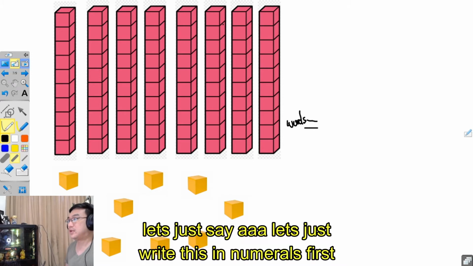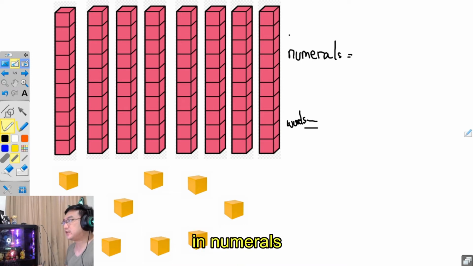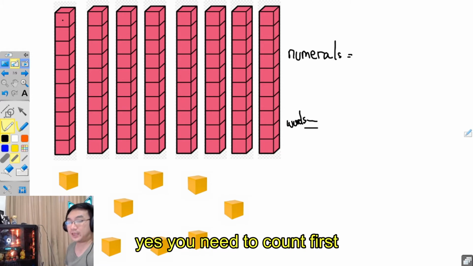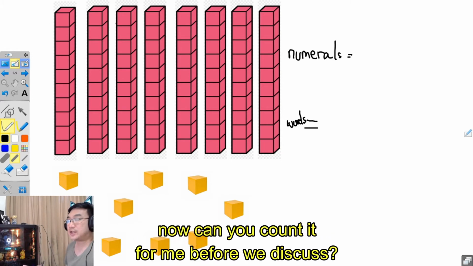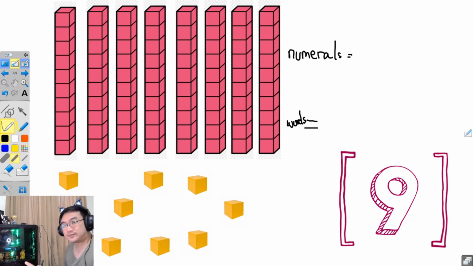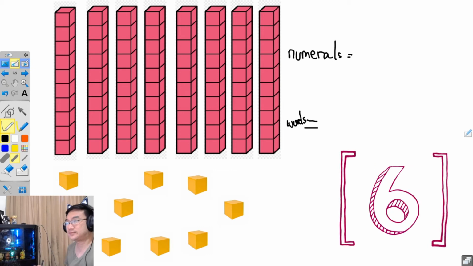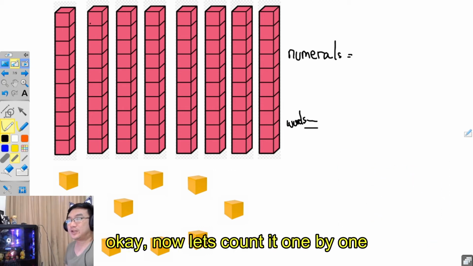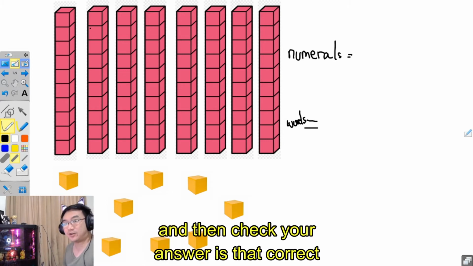So how? Let's just write this in numerals first. In numerals, this will be called how many? Yes, we need to count first. Now, can you count it for me before we discuss? Okay, now let's count it one by one and then check your answer.